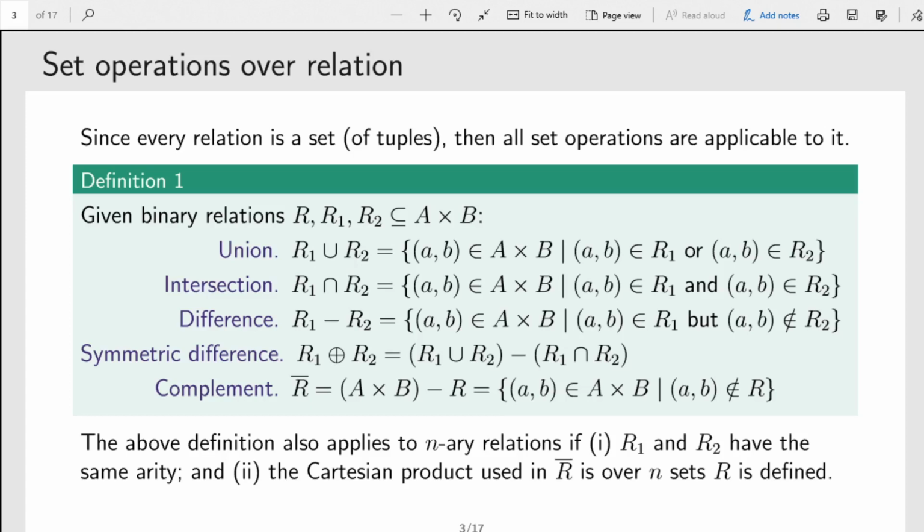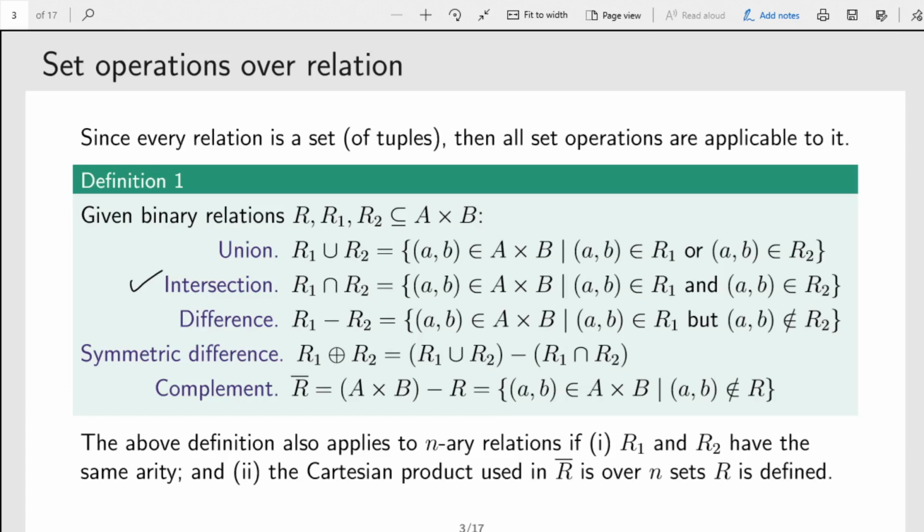Similarly, the intersection of R1 and R2 is simply the set of pairs (a, b) where (a, b) is in R1 and (a, b) is in R2. So the intersection contains all pairs that appear in both R1 and R2.